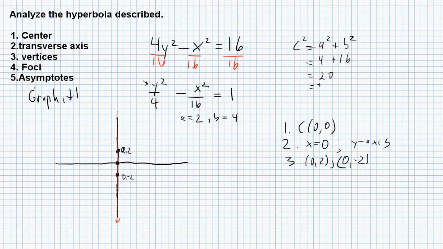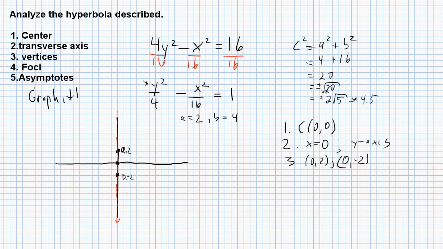So c is equal to plus or minus rad 20, which is plus or minus 2 rad 5. That's approximately 4.5, somewhere about halfway between 4 and 5, the square root of 16 and the square root of 25. So that's going to allow us to put where the focal points are.